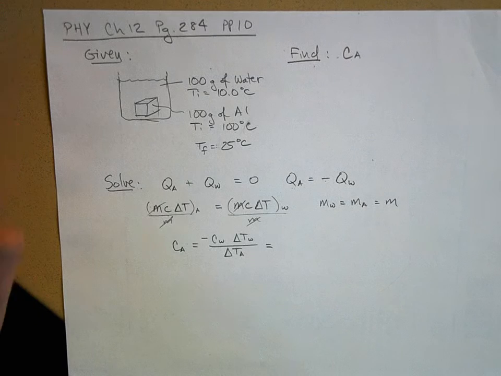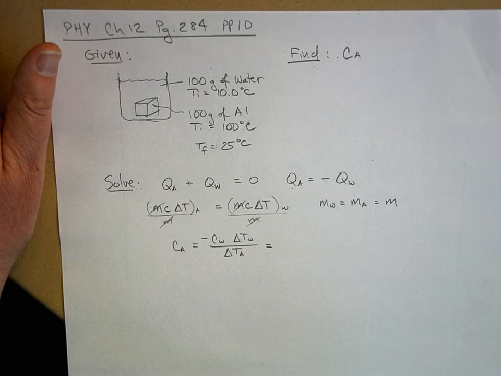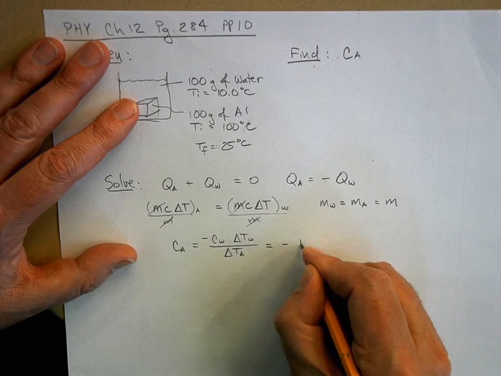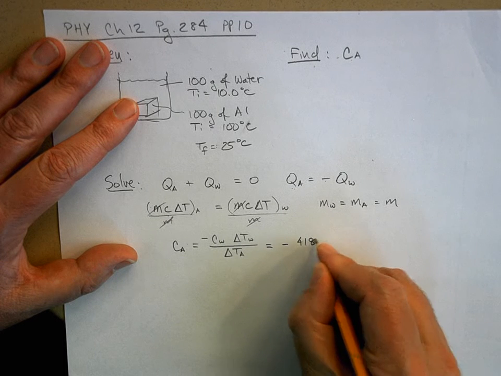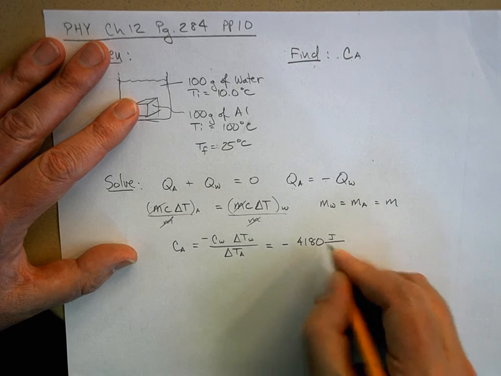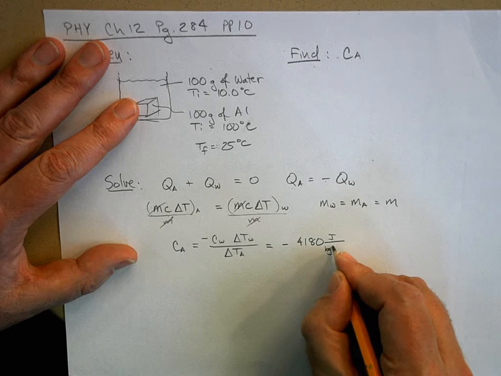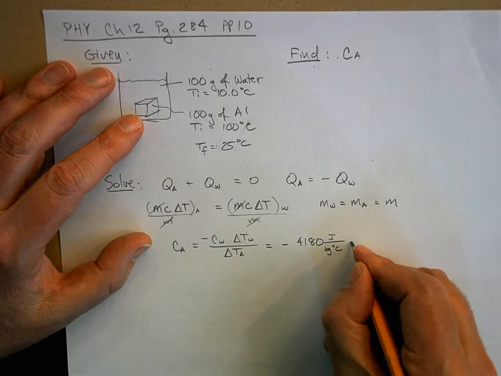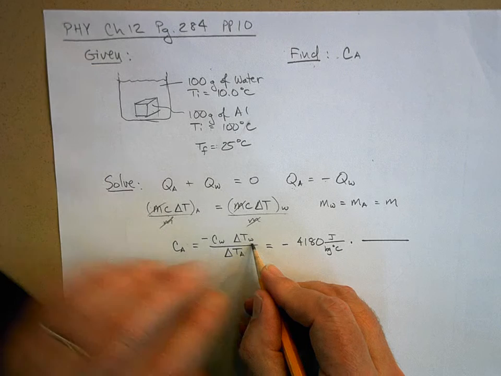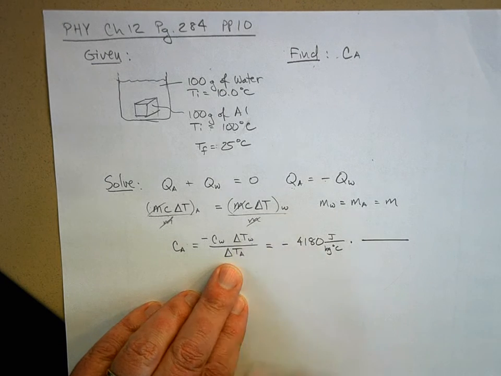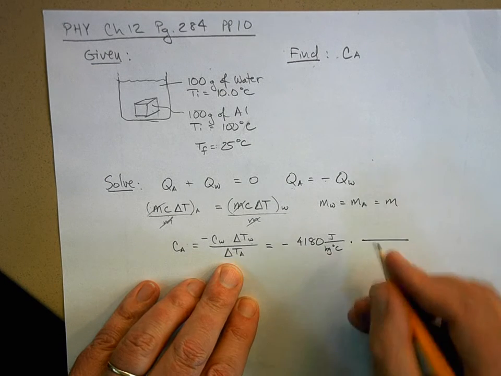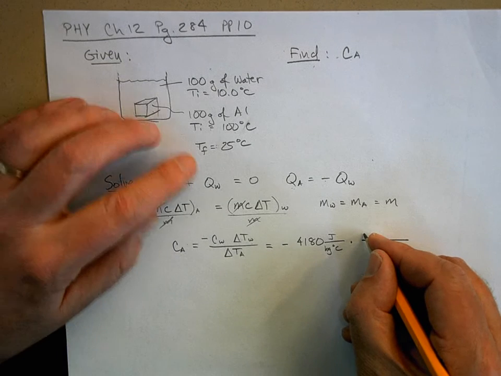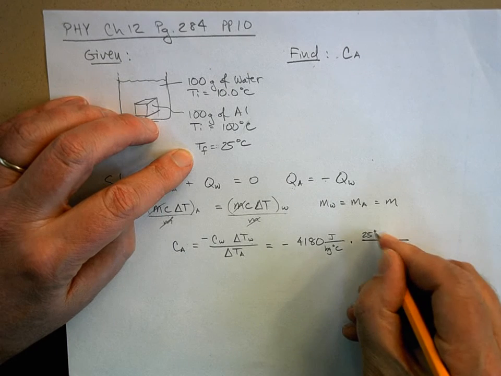So the specific heat of water, what is that? It's 4,180. So this is going to be negative 4,180 joules per kilogram degrees Celsius times, now what is the change in temperature of the water? Well, it's T final minus T initial for the water. What is T final? 25 degrees Celsius.